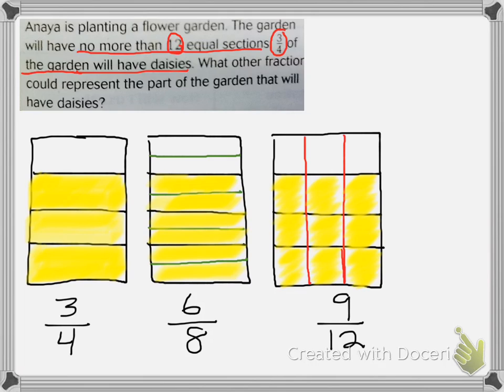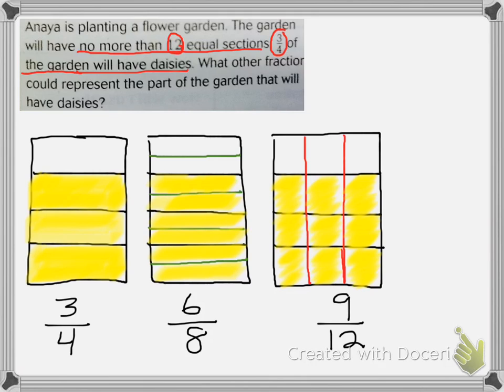What other fractions could represent the part of the garden that will have daisies? So here are the gardens, 3 different ways. In each one of these gardens, 3/4 of the garden is daisies. Only in the first one, there's only 4 sections. In the second one, there's 8 sections.